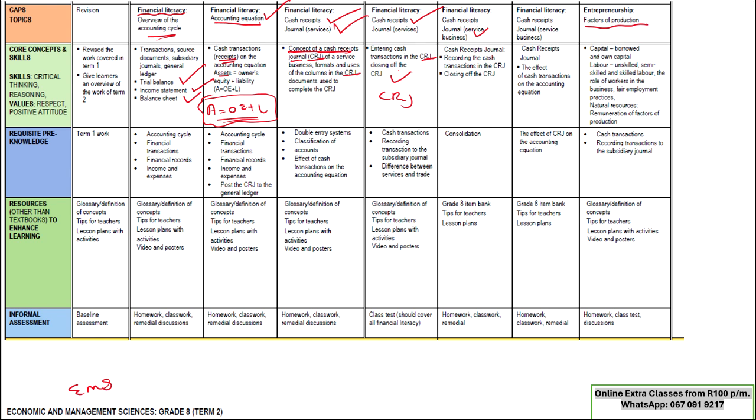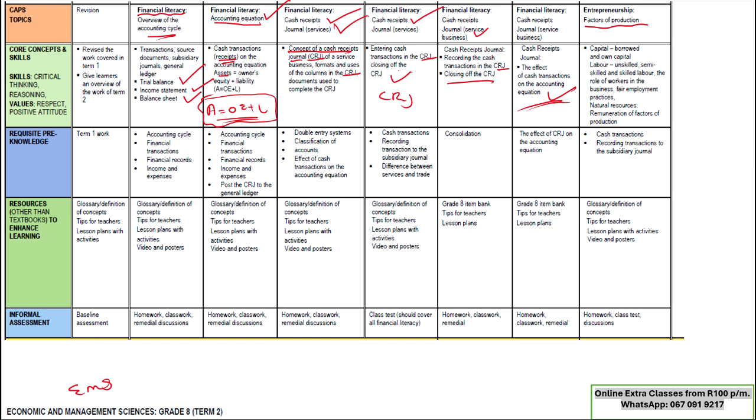After recording the transactions, we then closed off our cash receipt journal. Next we looked at the effect of cash transactions on the accounting equation.